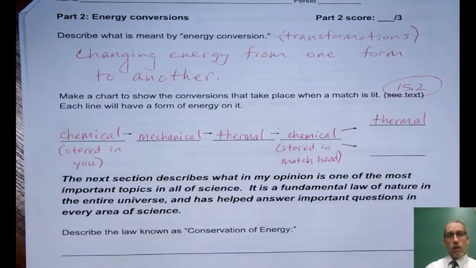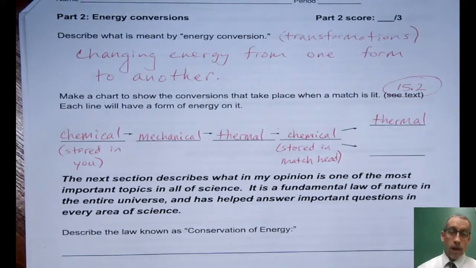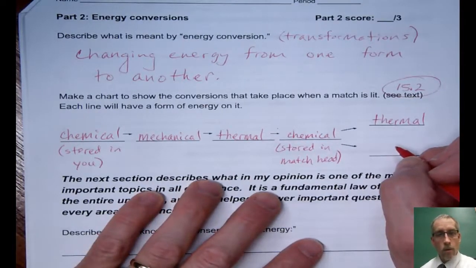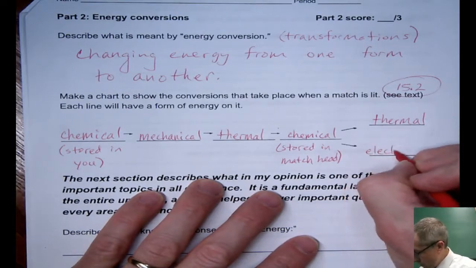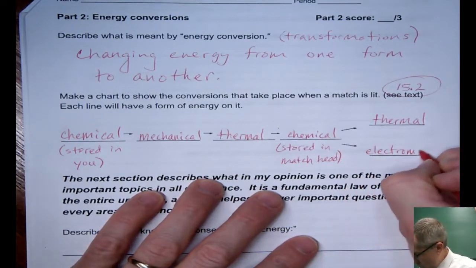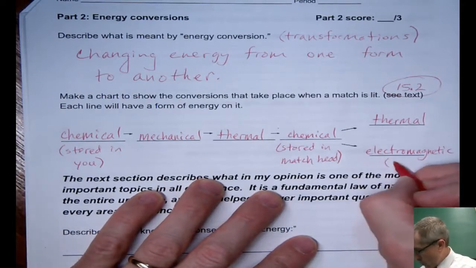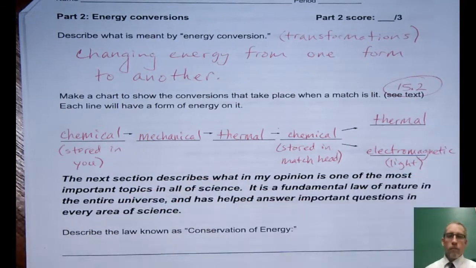And it used to be, back in the days before phones with lights and flashlights were as common, you could actually light a match in the dark just to give yourself a little bit of light to see by. Well, what do we call the form of energy associated with light? That's electromagnetic. Fancy term for what you and I call light. And so there we go.